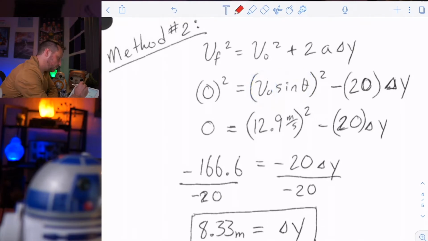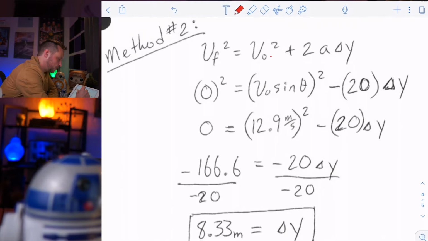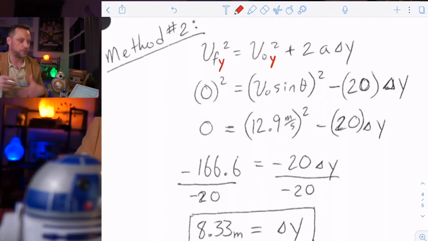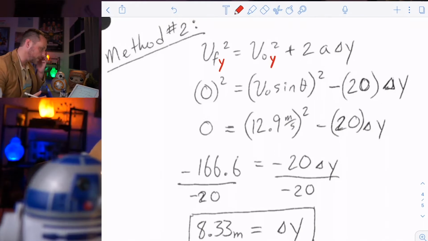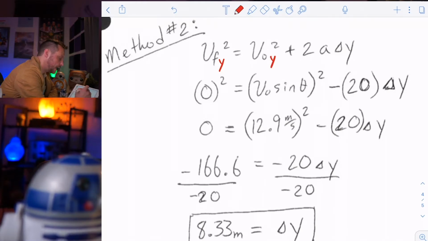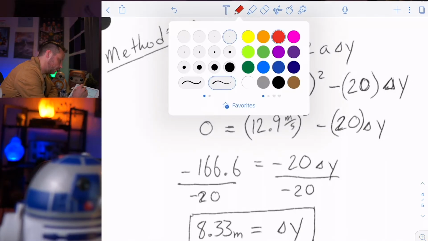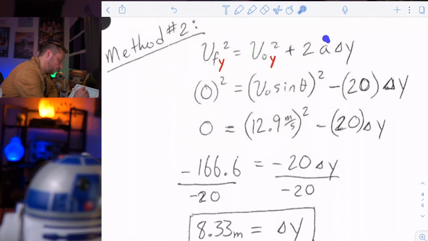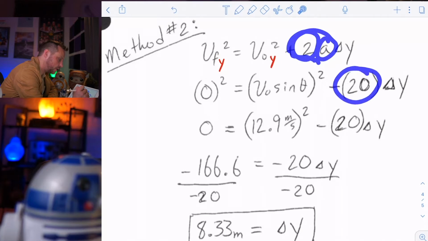If it helps you to keep separate v sub 0 and v sub 0 times sine of theta, put a little extra y subscript so you know it's your initial y velocity. You can also do that here. If you really like subscripts and you want to label a lot, that's great. Nothing wrong with that. And then we're going to have our acceleration of gravity times 2. So it's going to go from 10 to 20. That's why we see our 20 here.